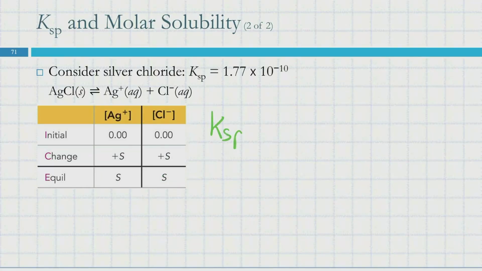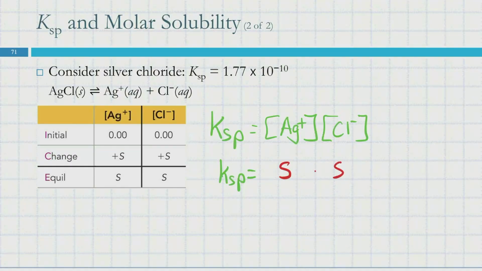We can write out an expression for KSP: concentration of silver ion times the concentration of the chloride ion. So KSP equals S times S, because at equilibrium, that's what those concentrations are going to be. So that is S squared.